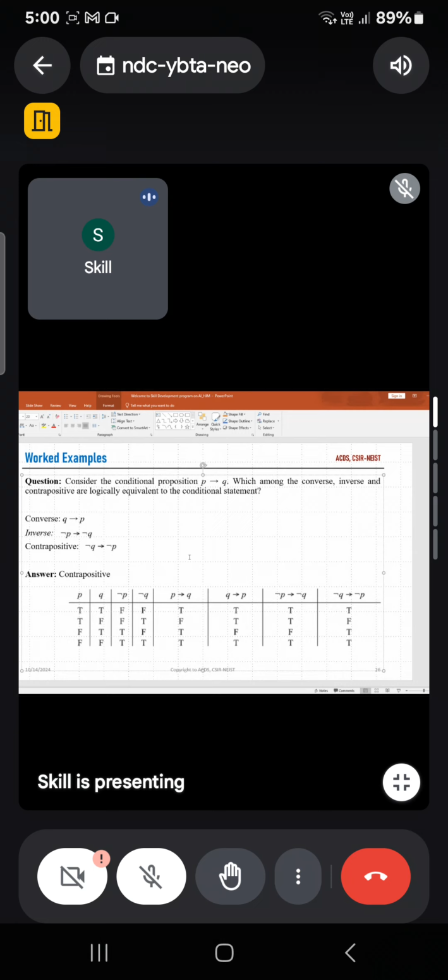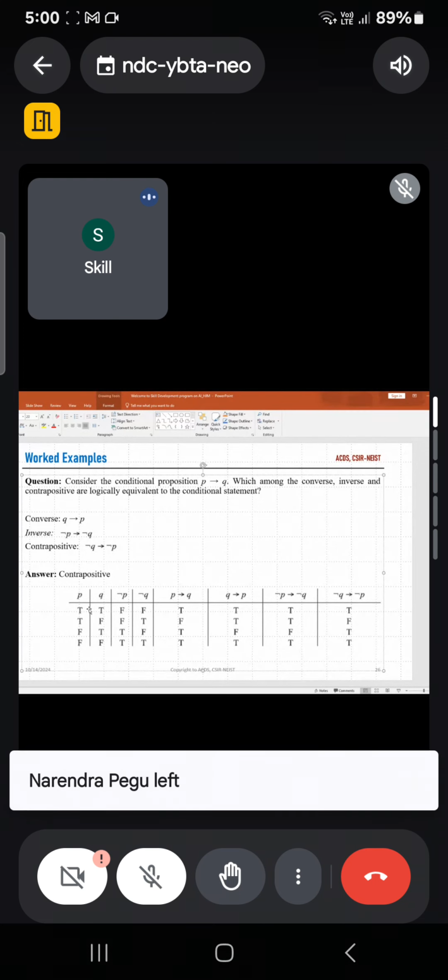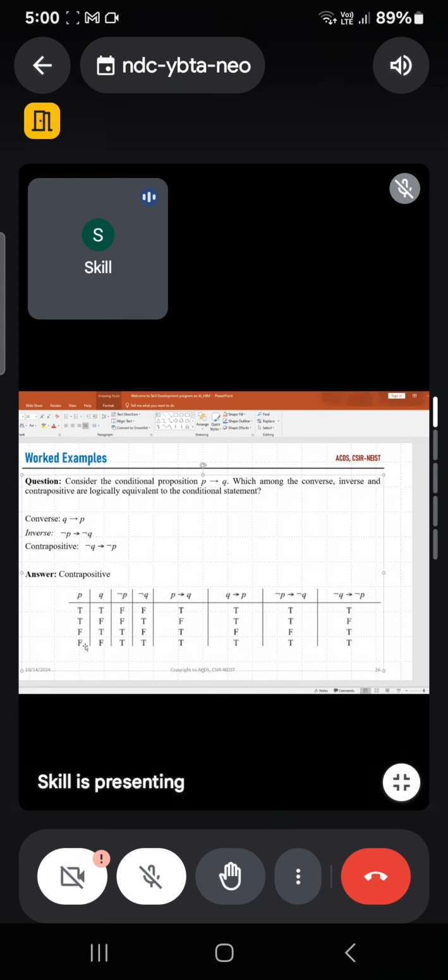Now let's see how we can verify this using the truth table. Again, we will construct this as P, Q: true, true; true, false; false, true; and false, false. We will take the negation of both P and Q, just doing the opposite. Then the implies we will write P implies Q, recalling the earlier example.